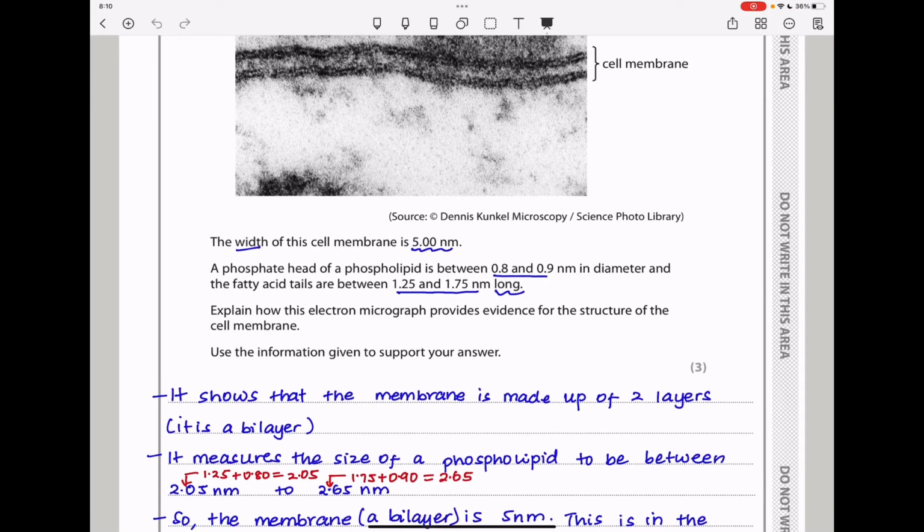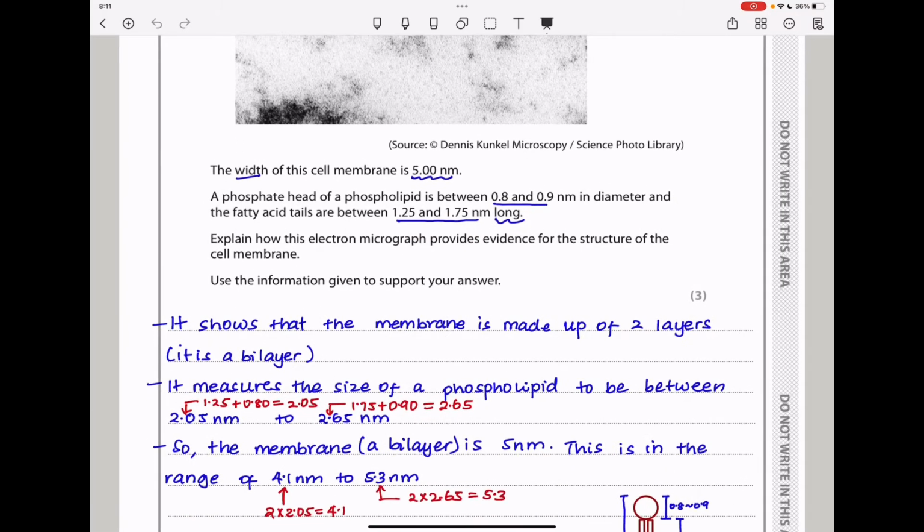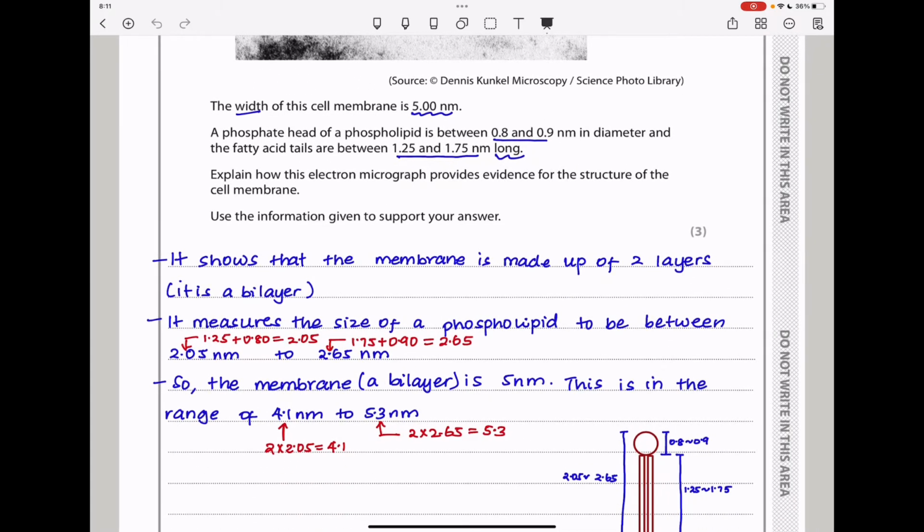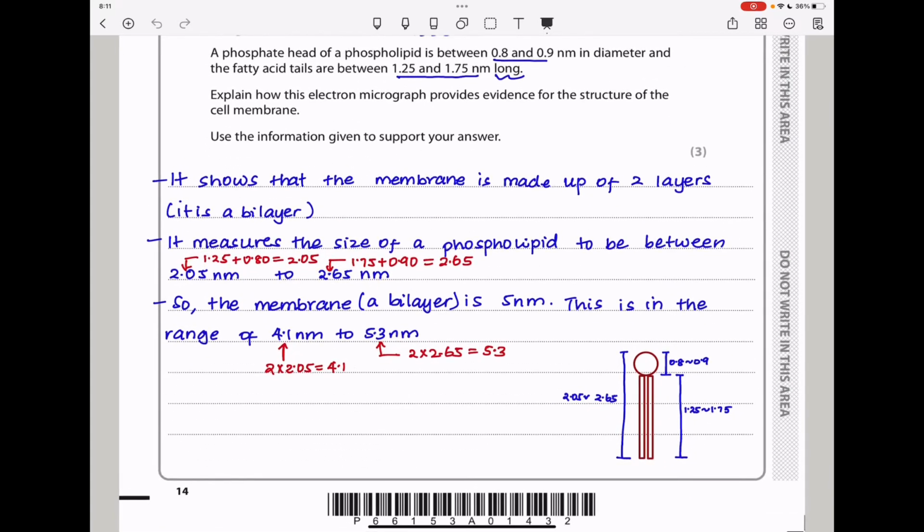A phosphate head of a phospholipid is about 0.8 nanometers in diameter, and the fatty acid tails are about 1.25 to 1.75 nanometers long. They want us to explain how this electron micrograph provides evidence for the structure of the cell membrane, and to use the information given to support the answer. So I began by drawing something here so that we can visualize as we add up.